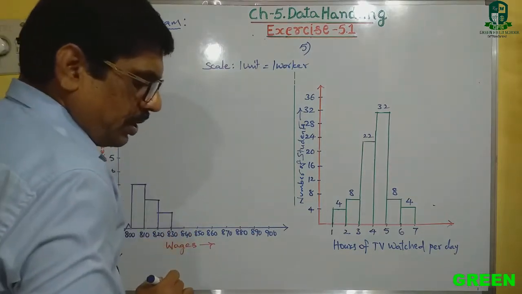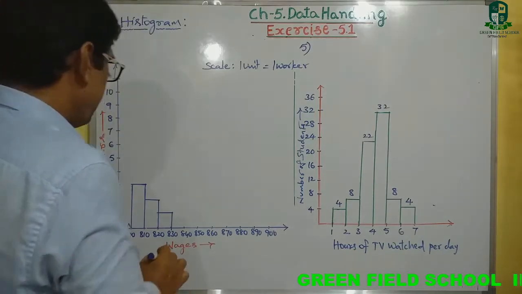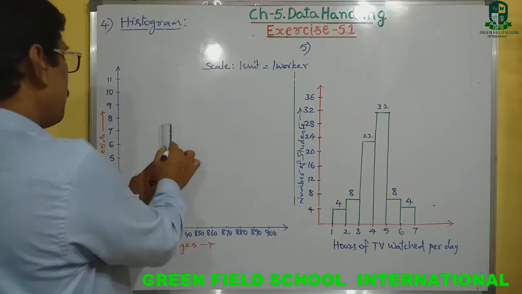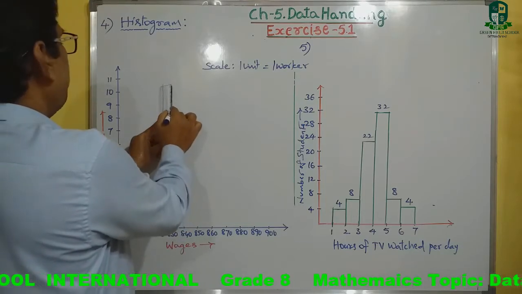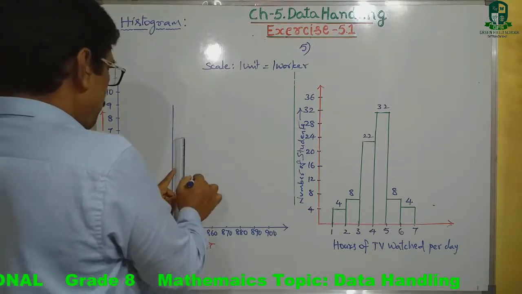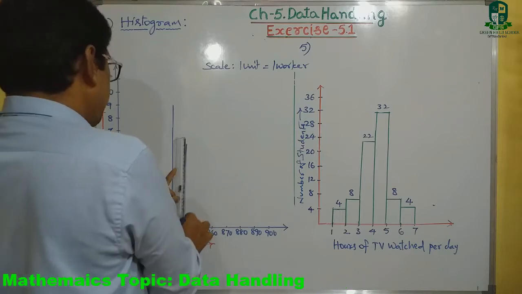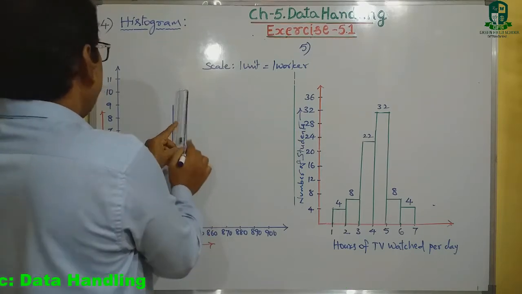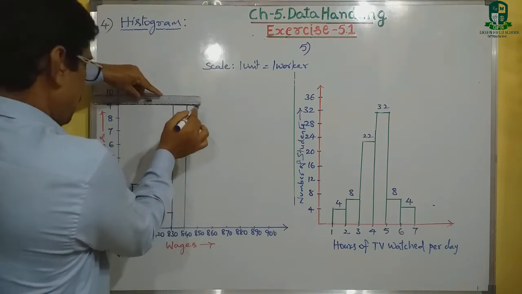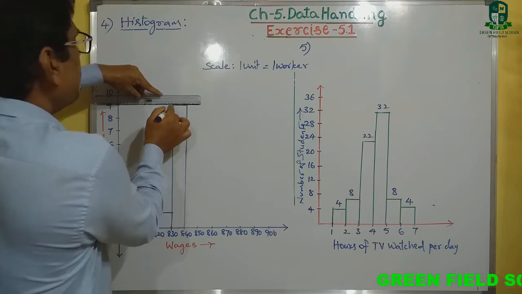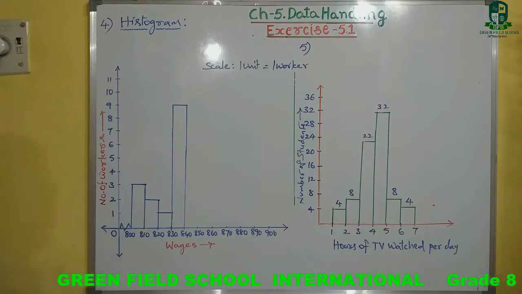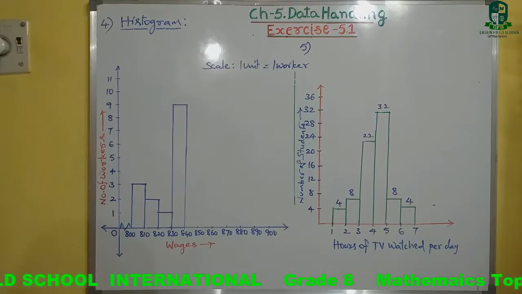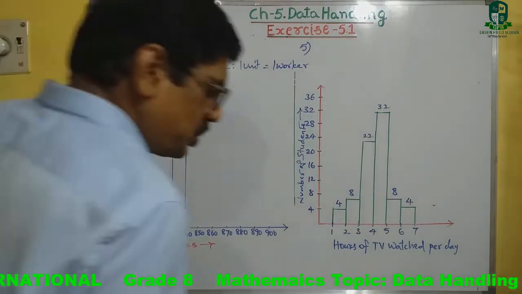Next, 830 to 840. The frequency is 9. We need to draw the rectangular bar up to the height of 9 units, because the frequency for the class 830 to 840 is 9. Now look at the frequency distribution table.